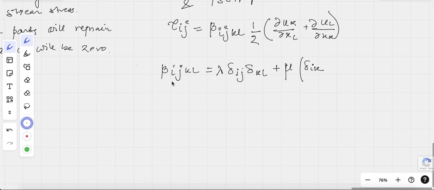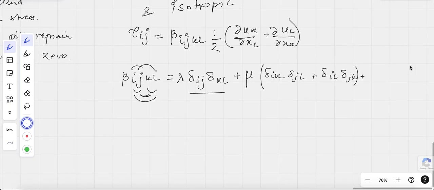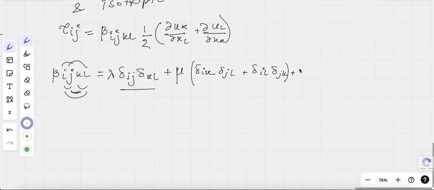This you have to remember like this: ij kl for this portion, ik, this and this.